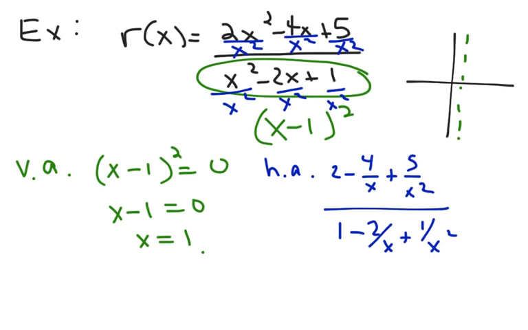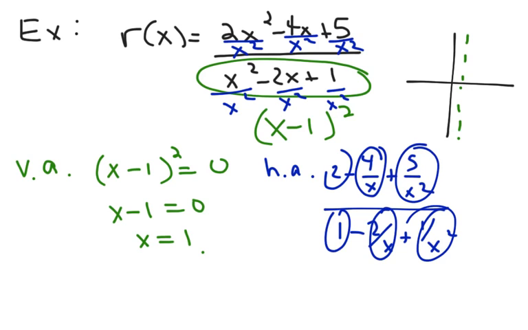And then you ask yourself, what happens to each one of these terms as x gets infinitely large or small? In other words, what happens as x goes to infinity? Well, the 2 and the 1, nothing happens to them, because there's no x to change.